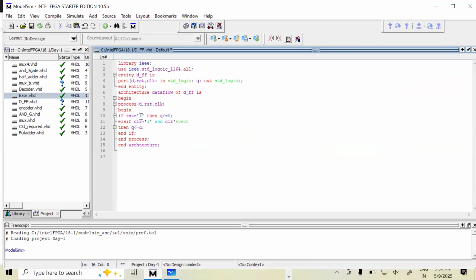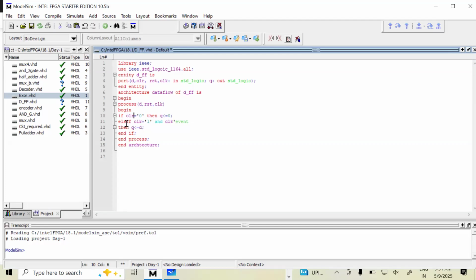If RST is equal to, sorry, 0, then Q is less than equal to 0, or let RST be CLR, clear. If clear is equal to 0, then Q is less than equal to 0.